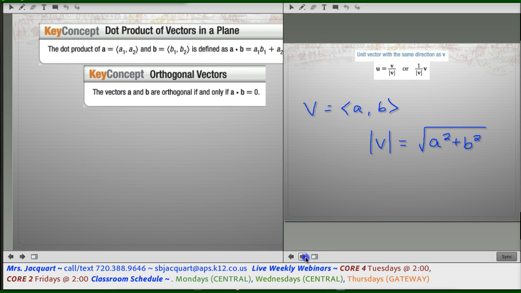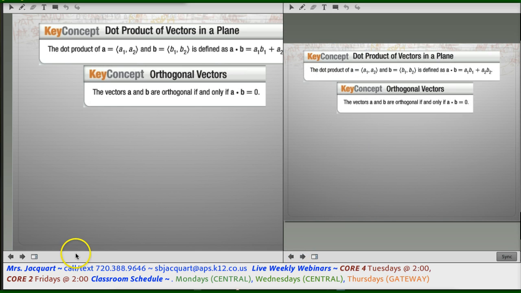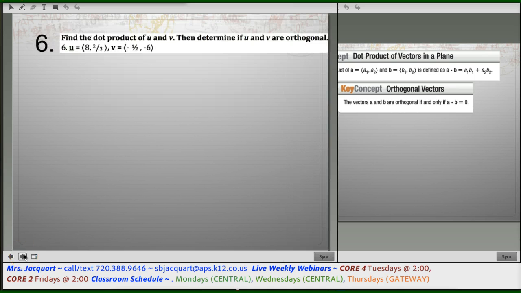Alrighty, so let's go to this one. Dot product and orthogonal. Okay, so find the dot product of U and V and then determine if they're orthogonal. They're orthogonal if the dot product equals 0.